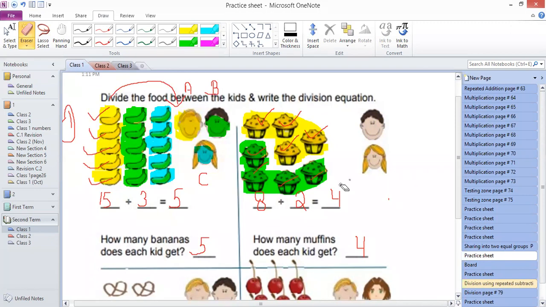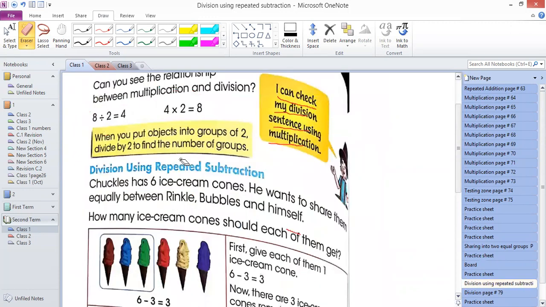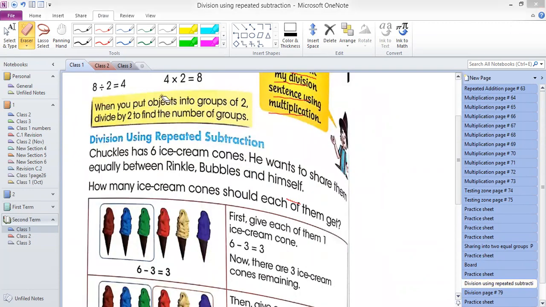Now come to page number 78, guys. Open your book, page number 78. Very good.